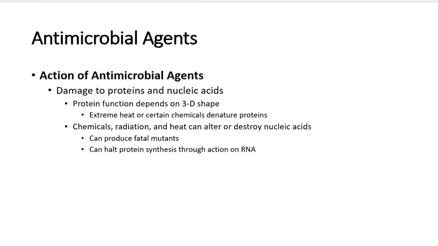The other thing we can do is, if we can't damage the cell wall, if we can't damage the outside of this organism, maybe we can damage something inside the organism. So we can do damage to the proteins and the nucleic acids so it can't reproduce.